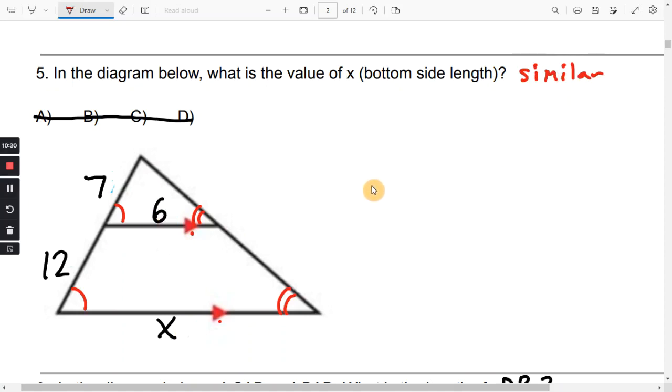All right, so let's set up the fractions. We'll do the small one in the numerator, and we'll do the big one, or the large triangle, in the denominator. For this fraction here, we'll do the sides on the left. And for this fraction here, we'll do the sides on the bottom.